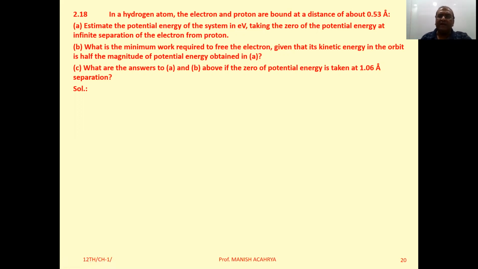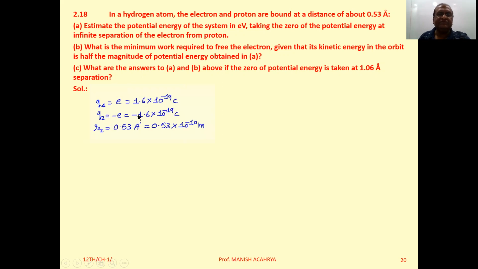Now see here, first if we consider the zero of the potential energy at infinite separation, it implies that now we can write the equation for the potential energy, that is K Q1 Q2 upon R12. Charge Q1, that is charge of proton, so that is e, 1.6 into 10 raised to minus 19 coulomb.